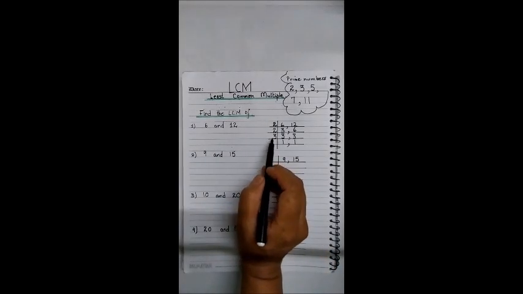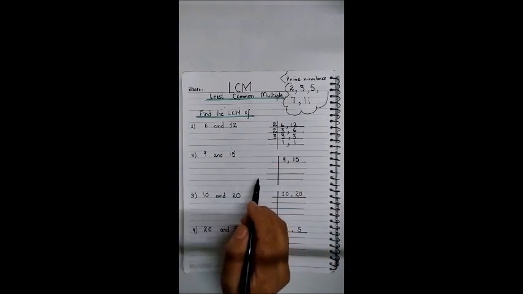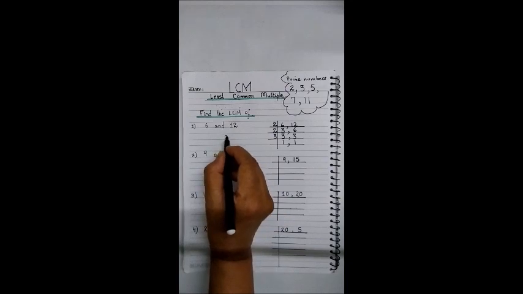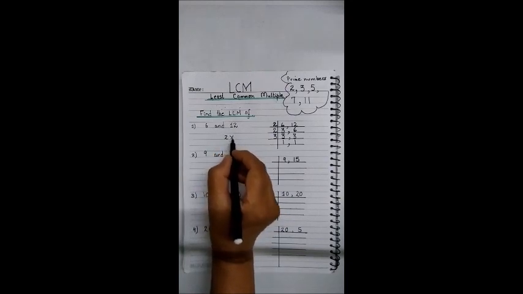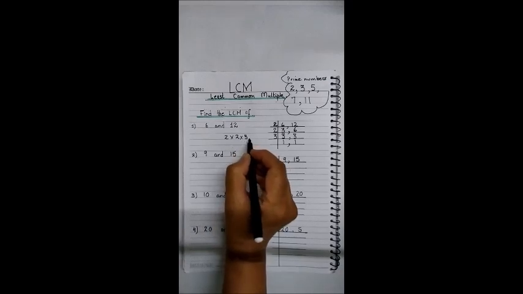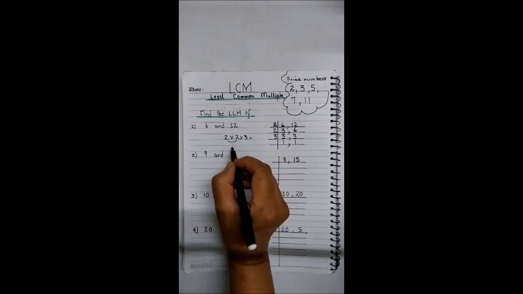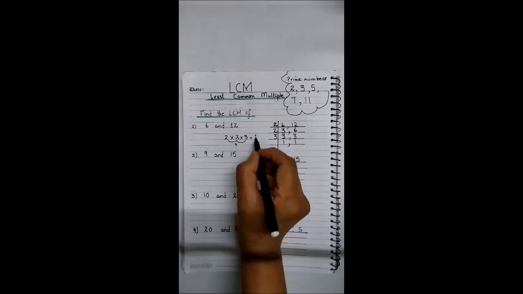Now, what are the numbers that you see here? 2 multiplied by 2 multiplied by 3. I will write down these numbers here. I don't have space here, so I will just write it down here. 2 multiplied by 2 multiplied by 3. Now when you multiply these numbers, 2 2s are, it gives you what? 4. And 4 3s are 12.